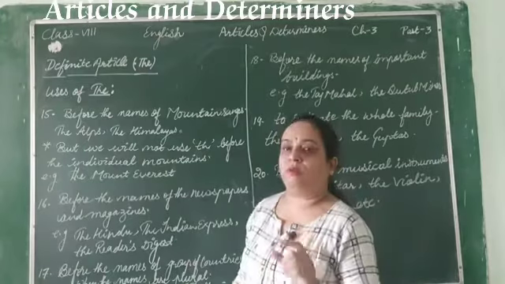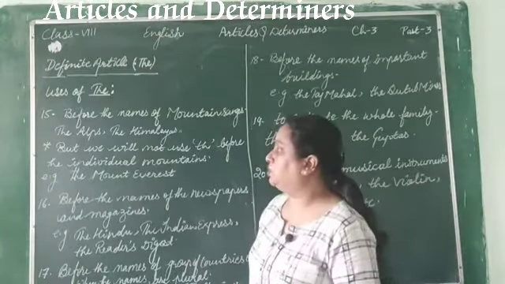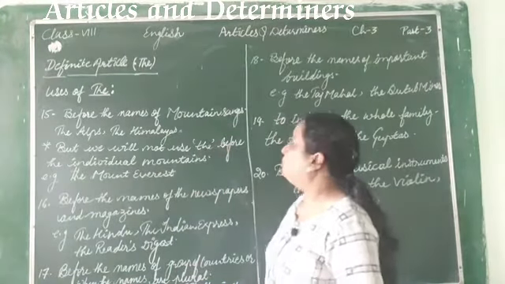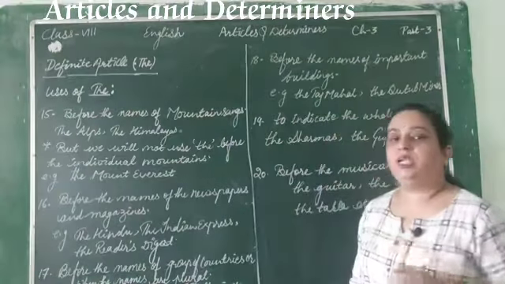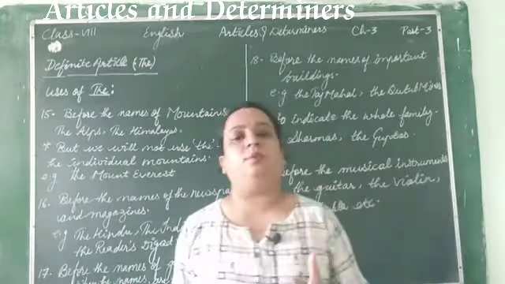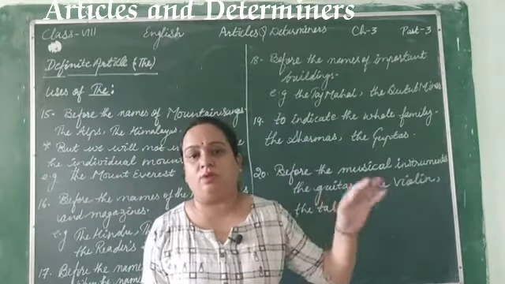So when the mountain ranges are there, we have to add "the". But one exception is there: we will not use "the" before an individual mountain. Suppose we are talking about Mount Everest, right? That is individual, that is not a mountain range.